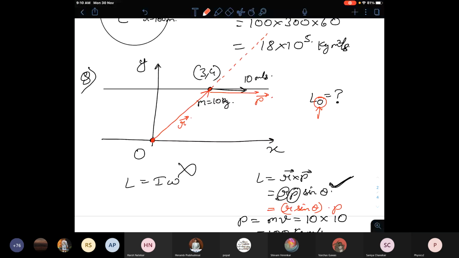When you move r vector forward, it will come out like this. The r vector tail and the p vector tail are coinciding now. So the angle between these two is this angle theta.